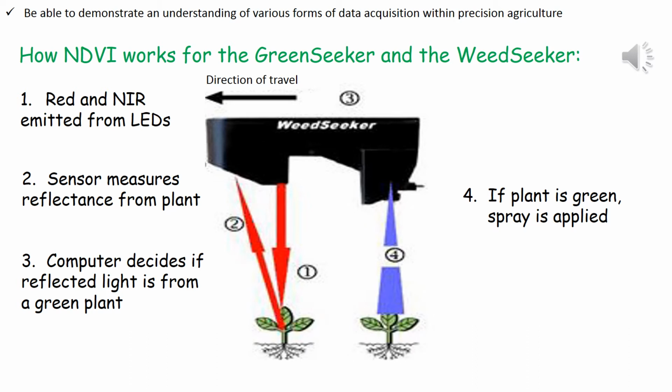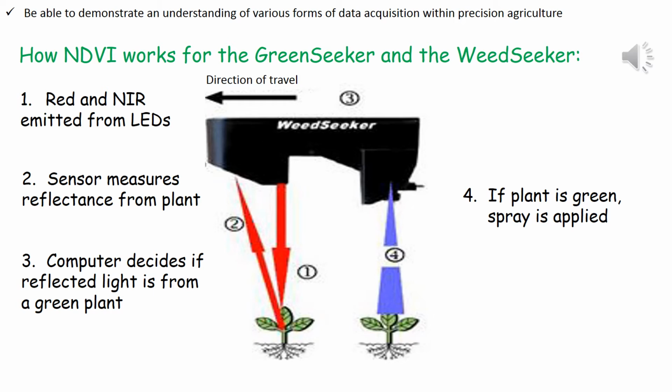Now that we know all about NDVI, how does it work in the weed seeker and the green seeker? To look at the weed seeker as an example, as the instrument is moved along over the ground approximately 60 centimetres above the ground surface, a beam of red and near-infrared light is emitted from LEDs onto the ground. You can see this in the weed seeker tutorial video.